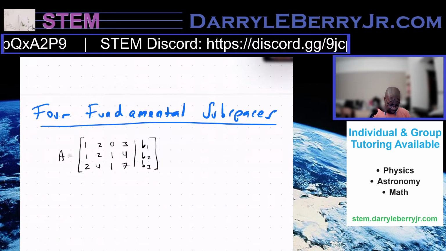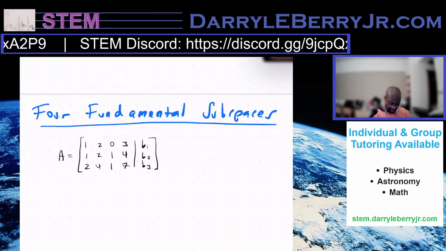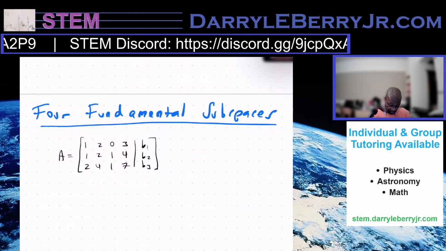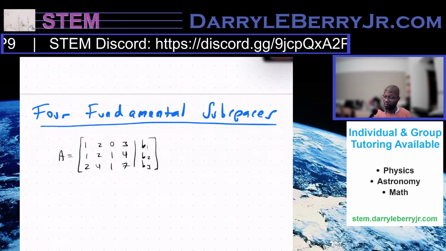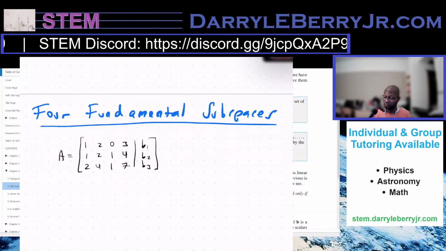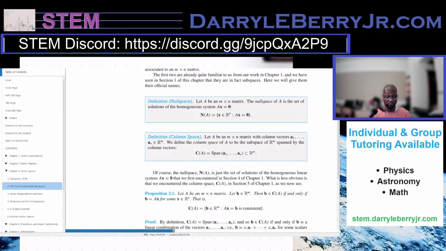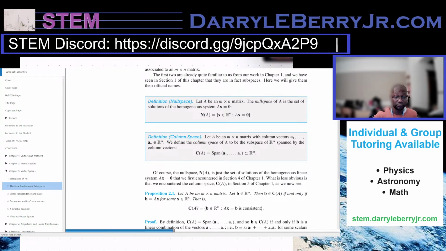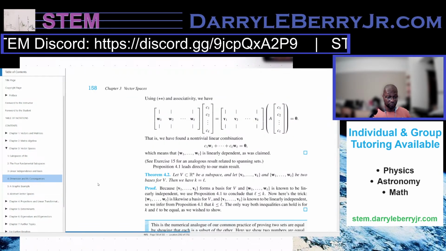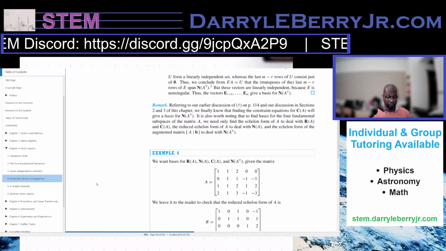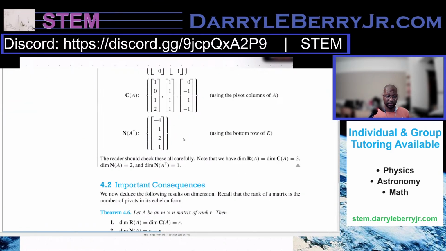So now we can do what I was talking about earlier, and we can check theorem 4.6. So theorem 4.6, to show that again, is this theorem here.